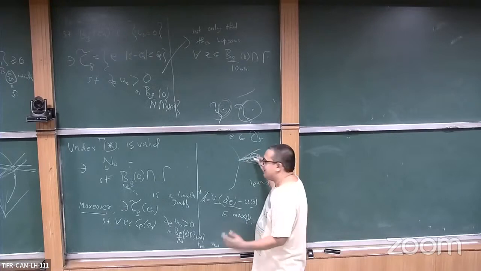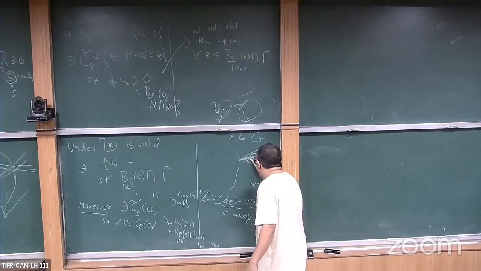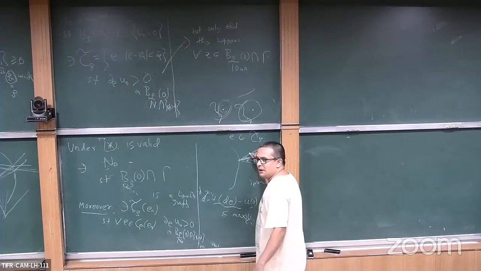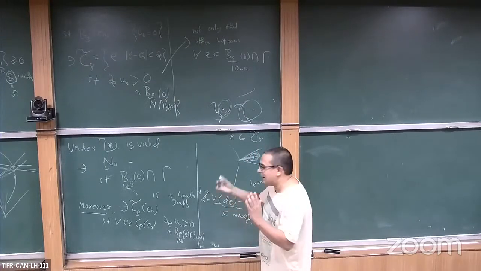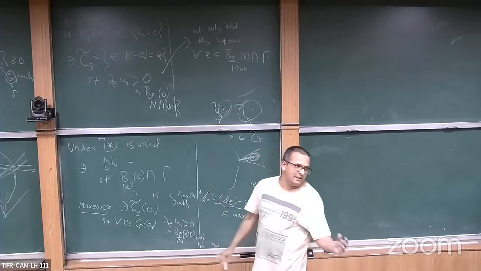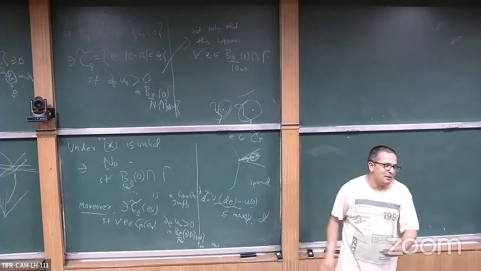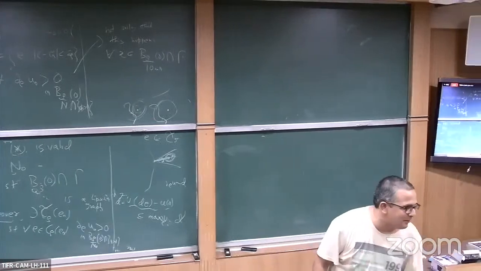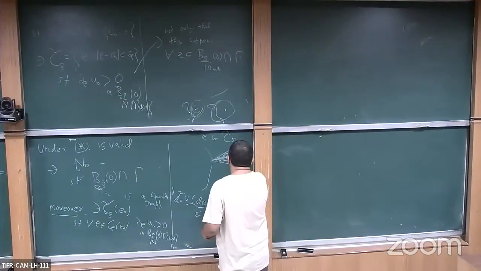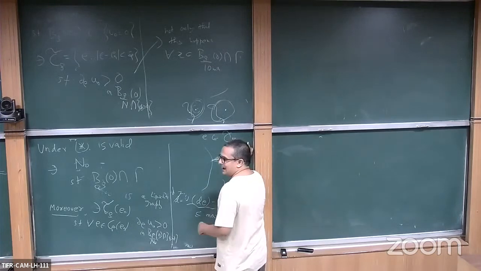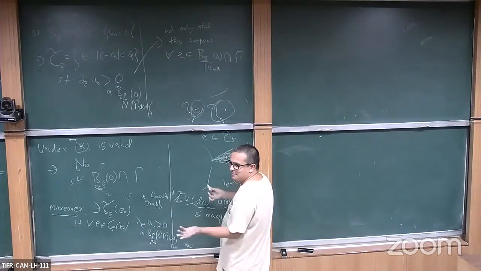So by Harnack, del E of U is comparable to D in this whole ball, because this ball is away from the boundary by a distance comparable to D, since I can find a little ball of size D decided by the angle of this cone. So everywhere here, my del E of U is not exactly D, but comparable to D.